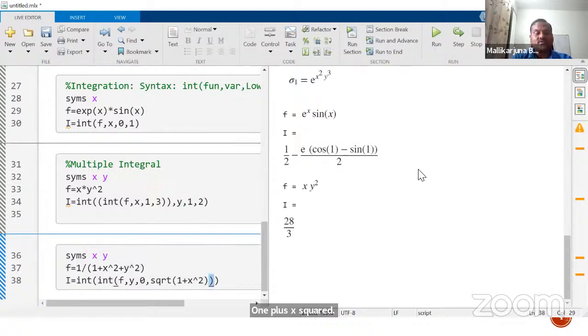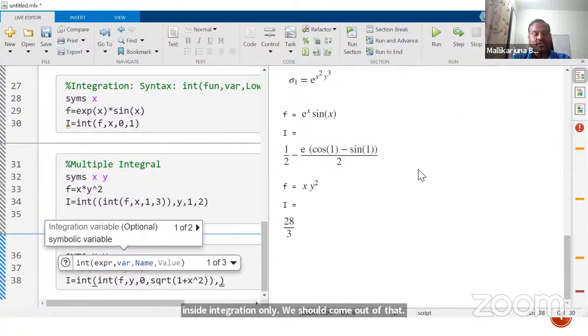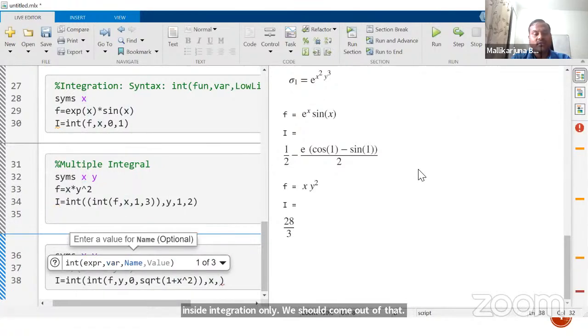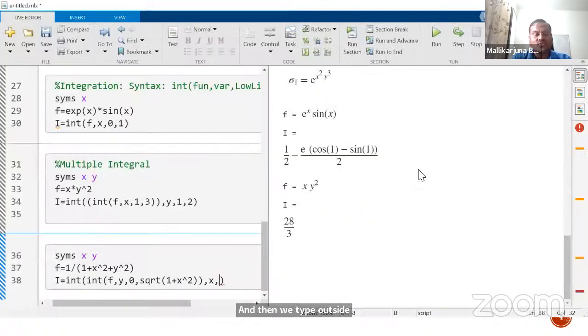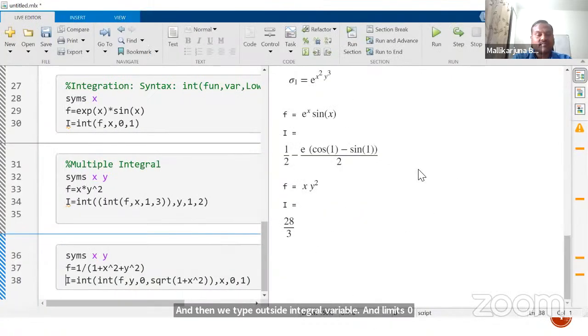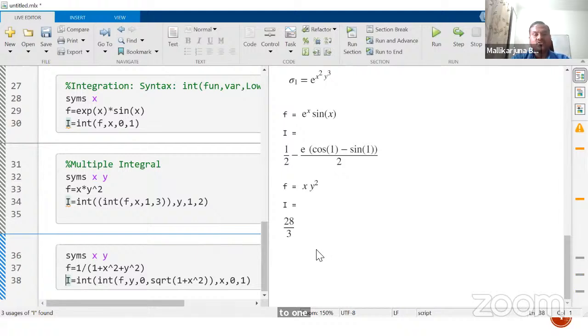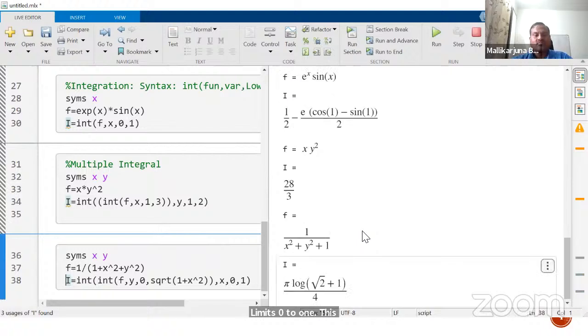So carefully observe. This is the bracket for the inside integration only. We should come out of that and then we type outside integral variable and limits 0 to 1. Limits 0 to 1. This is pi by 4 log root 2 plus 1.